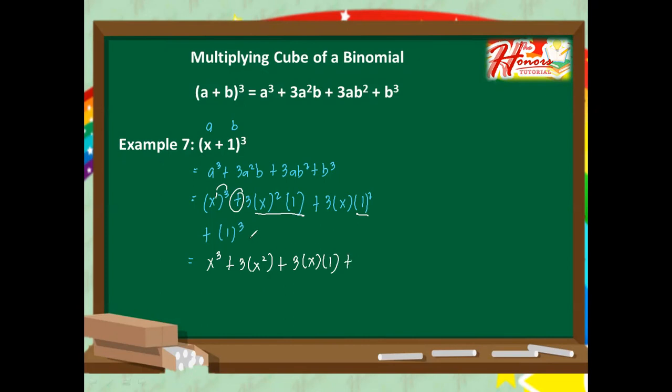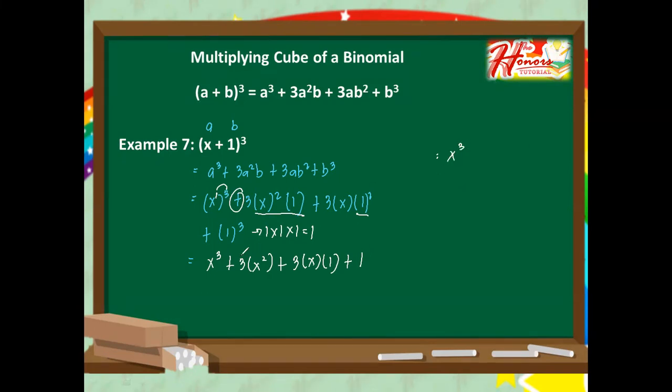Plus 1 cubed, that is not 1 times 3. Instead, it is 1 times 1 times 1. And that is 1. So plus 1. Then let's continue here our solution. For the first term, no need to solve for it. Just copy x cubed.